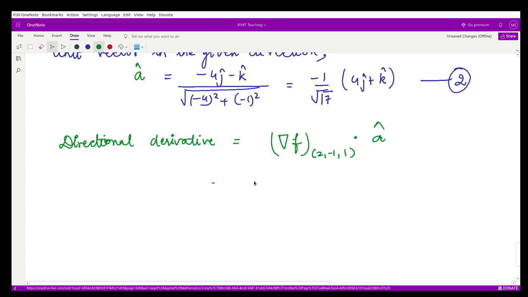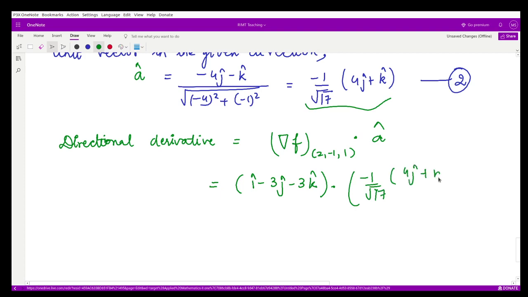So this is equal to the first vector that we calculated, i cap minus 3j cap minus 3k cap, dot product with this vector, which is minus 1 by square root 17 into 4j cap plus k cap.